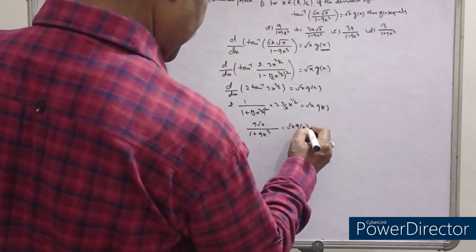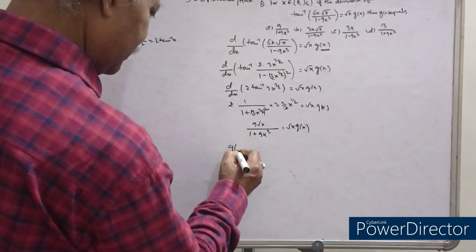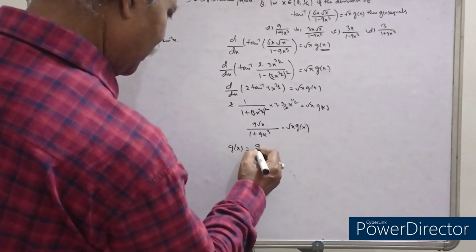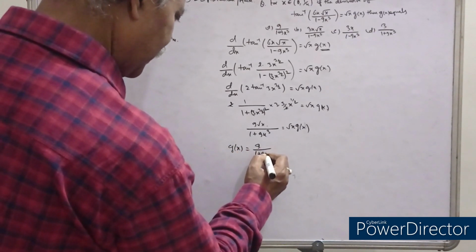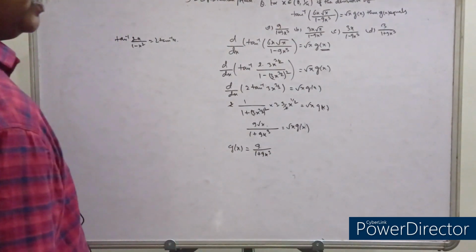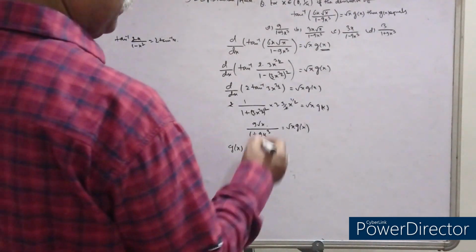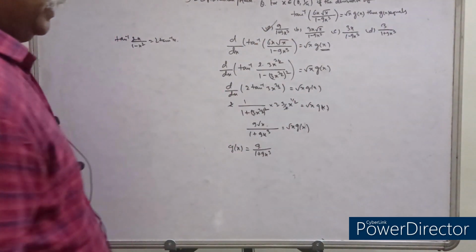So here you see that your g(x) is equal to 9 by 1 plus 9x cube. This is your answer.